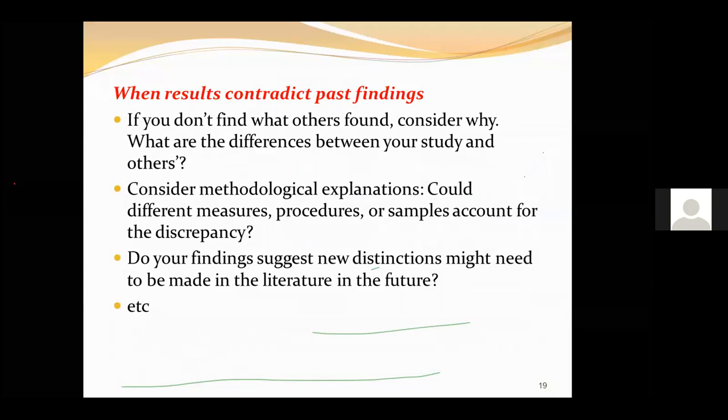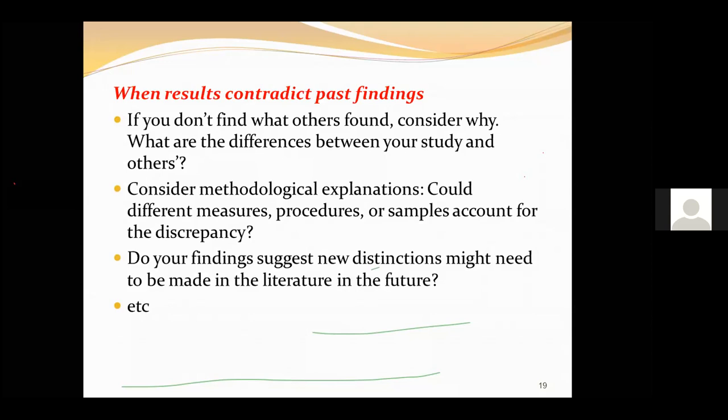Why is it that in all the 50 articles you may have read, they are reporting a positive and significant relationship between perceived usefulness and adoption of e-learning? Why is it that for you, your finding shows an insignificant relationship? Why? What are the differences between your study and others?